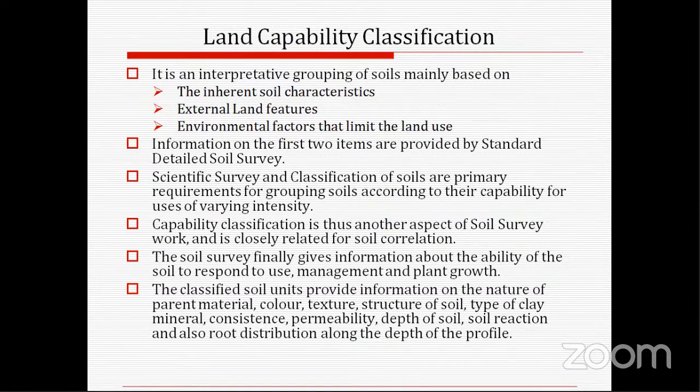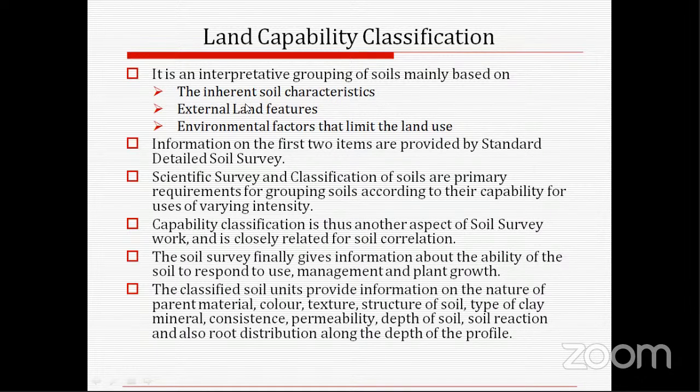Inherent characters, as agriculturists, mean for example the fertility status. Another is environmental factors: which environment and which climatic conditions are prevailing in that particular land. Based on these three characteristics, we classify land capability. So these are the three: inherent soil characteristics, external land features, and environmental factors that limit the land use.